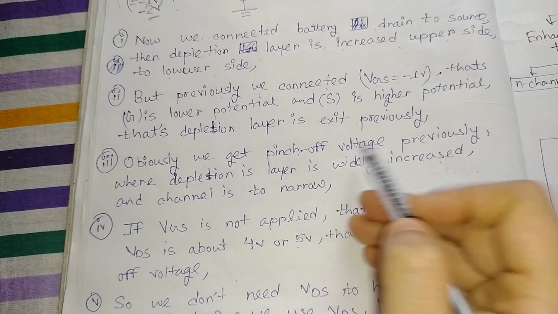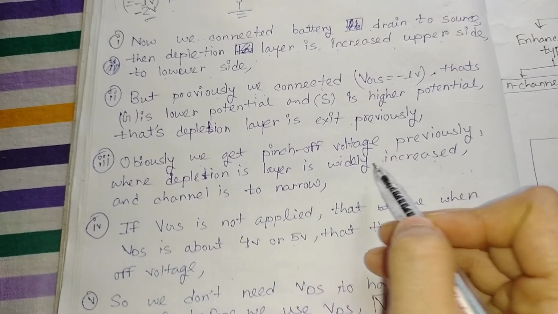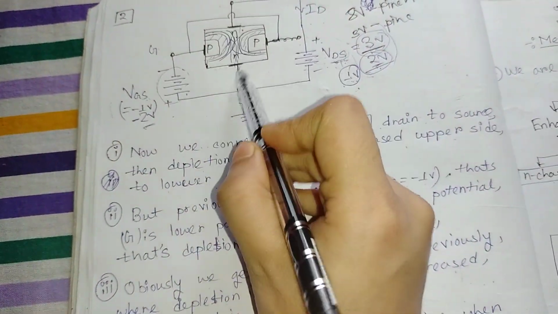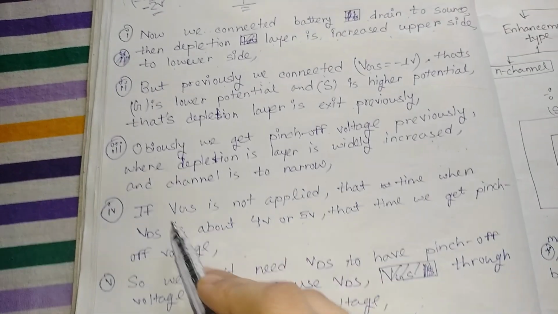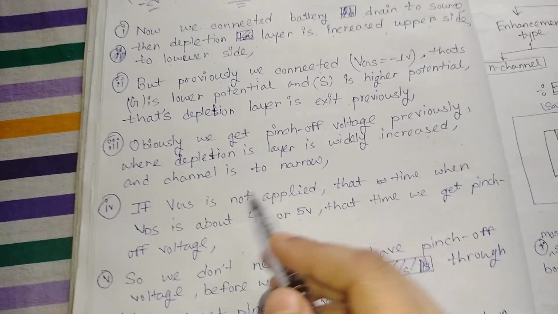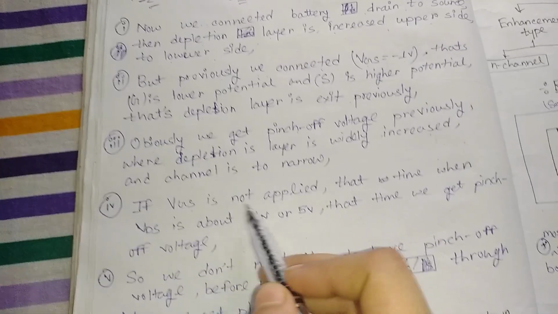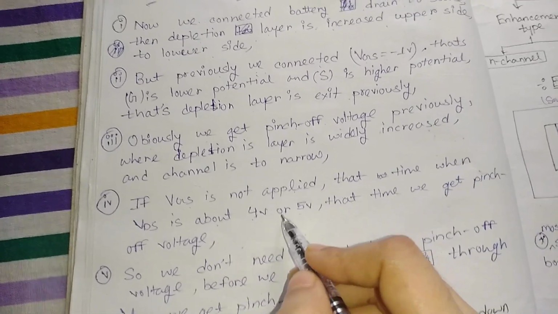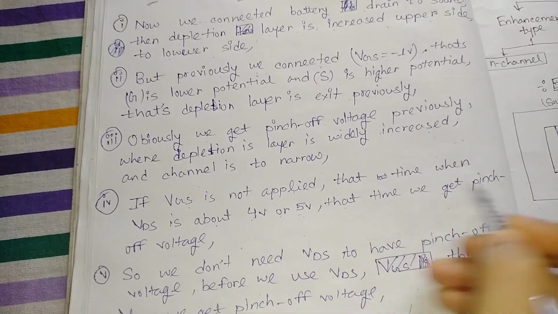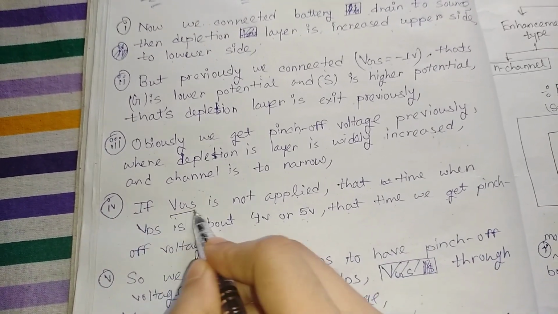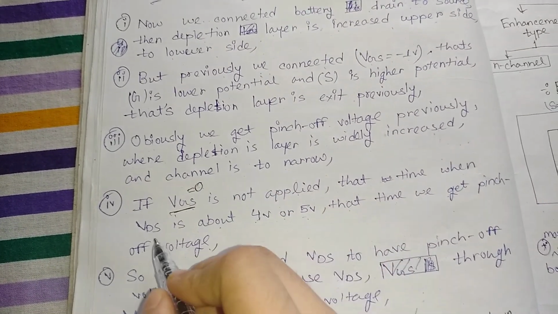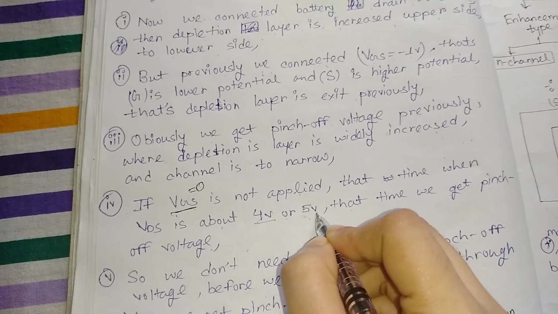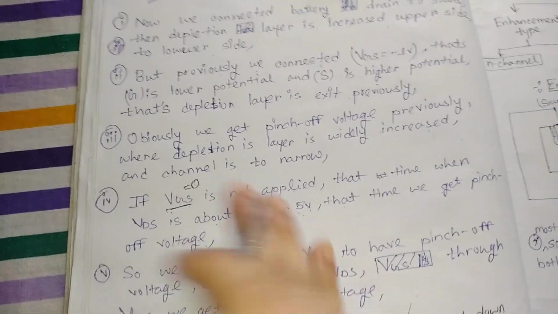Here the depletion layer greatly increases and the channel is too narrow. This is the channel, and it is too narrow. If VGS is not applied, we get the pinch off voltage when VDS is about 4 volt or 5 volt. When VGS equals 0 and we apply VDS of about 4 to 5 volt, we get the pinch off voltage. I discussed that in the previous video.